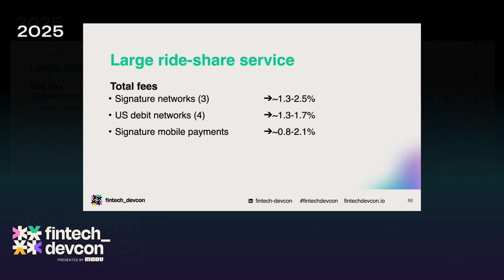For mobile payments, there is a pretty nice drop in fees on the signature networks, but what we see for the US debits, for example, as an alternative here, is that all of a sudden the higher bound increases significantly. So this is definitely something where, if we use our intelligent routing, we don't have to make these payments a lot more costly for this merchant.